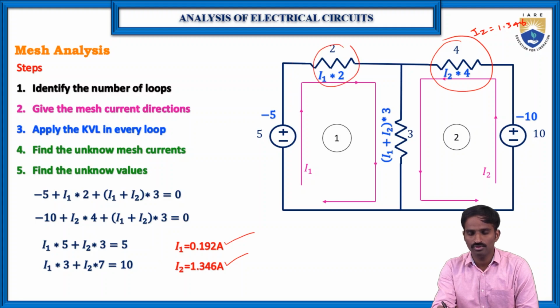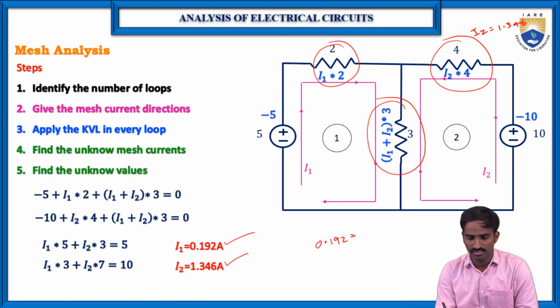Similarly, the current flowing through the 2 ohms resistor is I1, which is 0.192. Then the current flowing through the 3 ohms resistor is I1 plus I2, which means 0.192 plus 1.346.